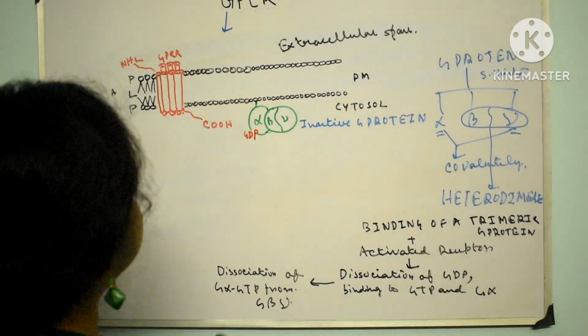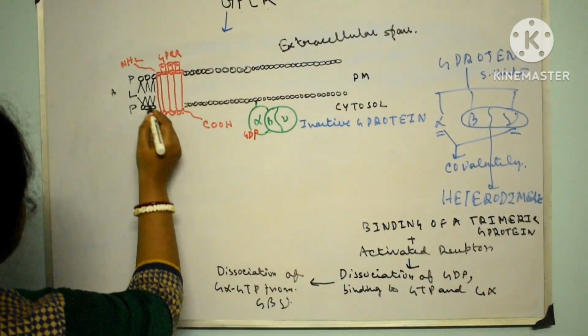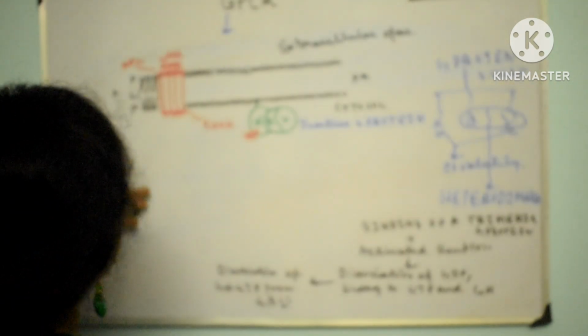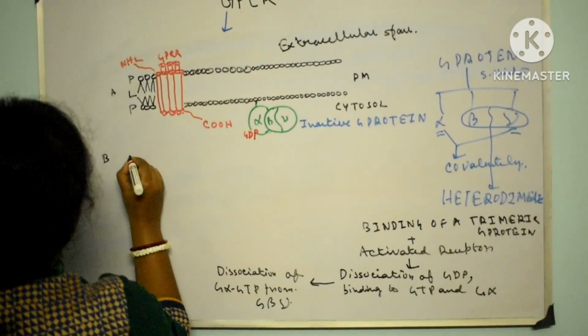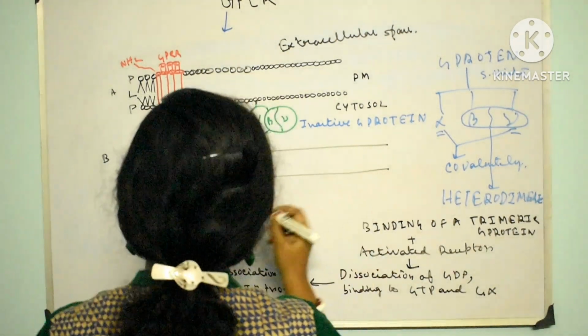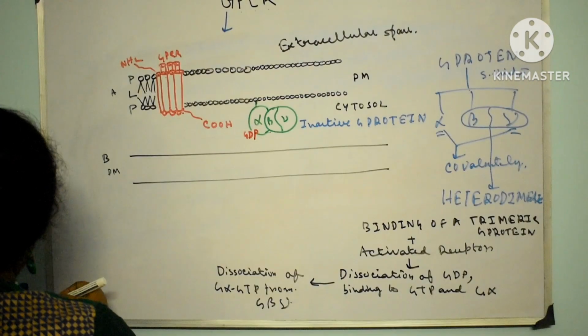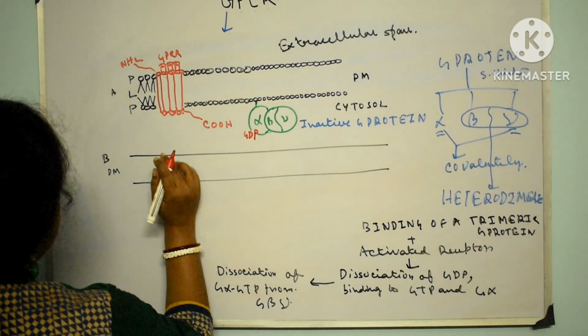Now let's draw all these steps. I am not going to draw in detail. This will be a 3-step diagram, A, B, C. Please draw like this in all these 3 cases. Now let's do step B. This is the plasma membrane, PM, and here GPCR.